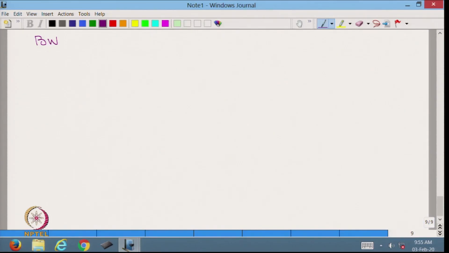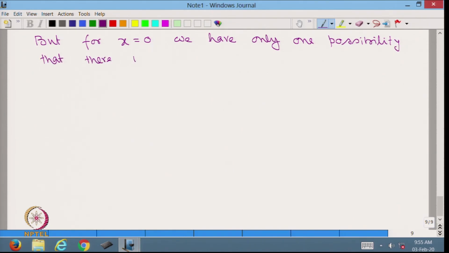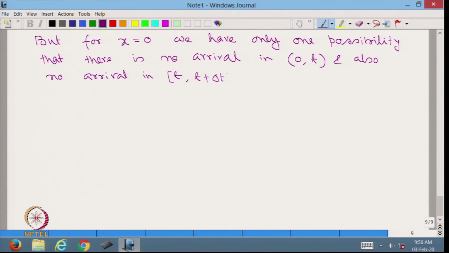But for x equal to 0, we have only one possibility, that there is no arrival in 0 to t and also no arrival in t to t plus delta t.